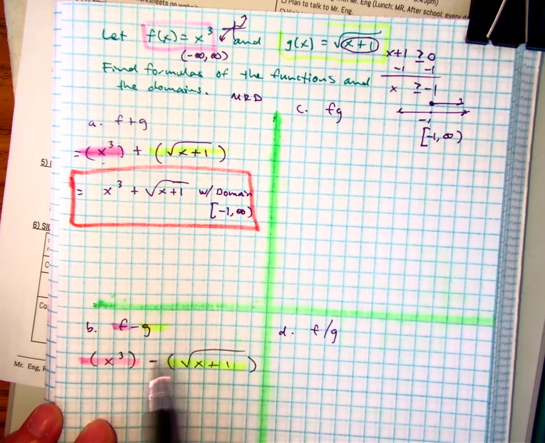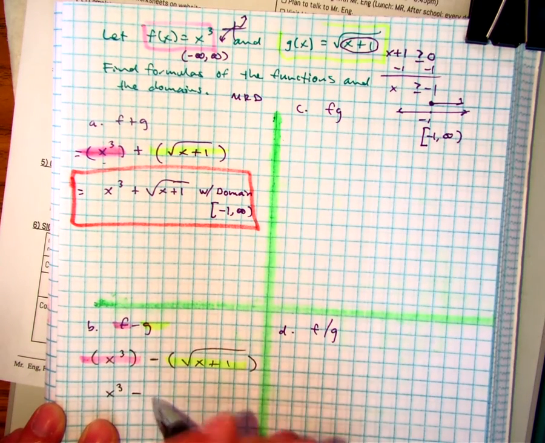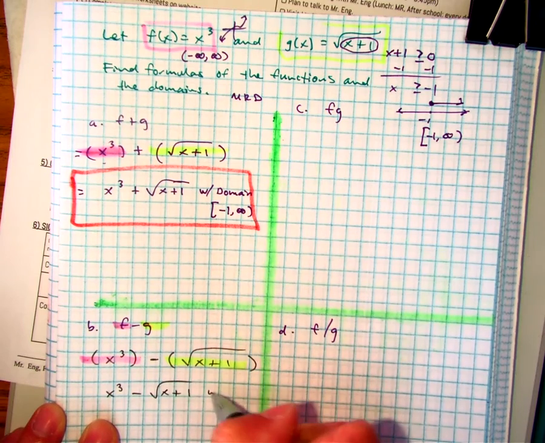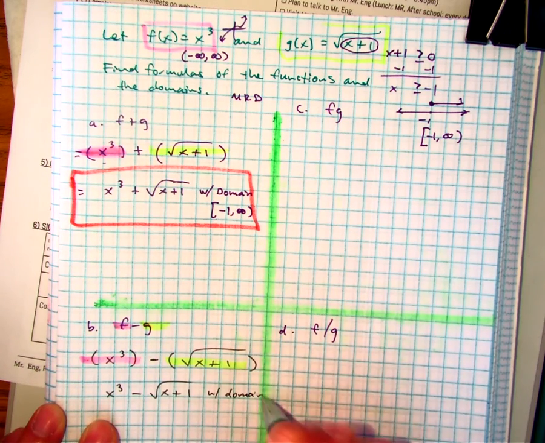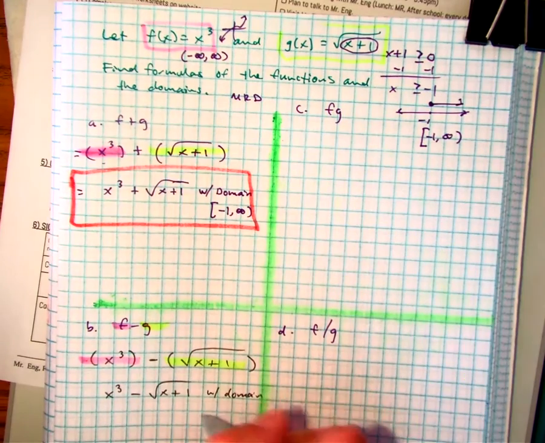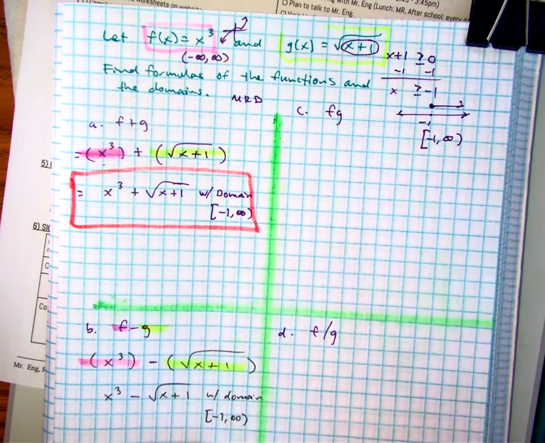Well, I have nothing to distribute to. Do you see this? You can't distribute inside the radical sign. So my answer is x cubed minus the square root of x plus 1 with a domain of what? Which one's the most restrictive? The yellow. Yeah, the yellow one. So -1 to infinity.